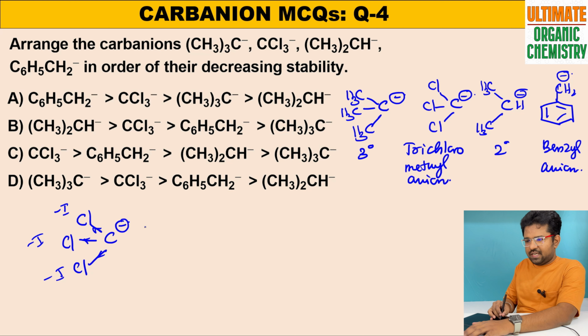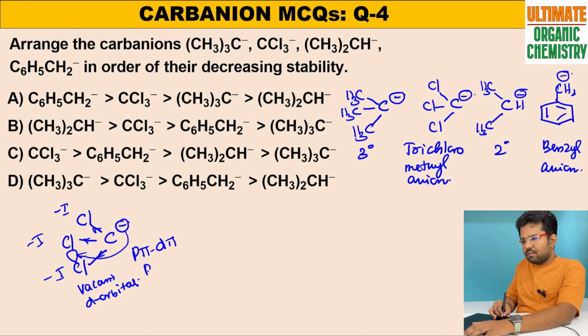Second and important reason is chlorine has a vacant d orbital. So this anion can be stabilized by p pi d pi back bonding. So this anion is stabilized by both minus I effect as well as back bonding effect, and this will be the most stable carbanion.